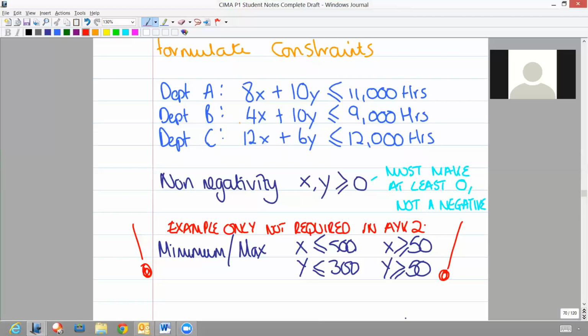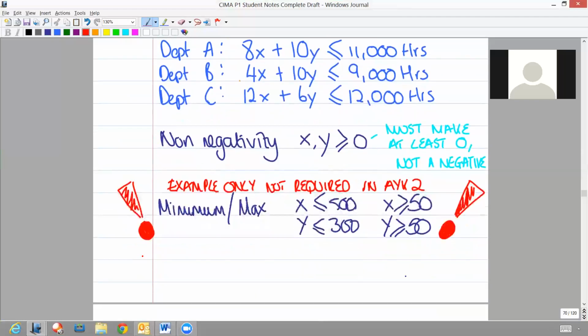I want you to remember that it's there, but I don't want you to get confused and wonder when we do the graph why I'm not plotting it. It's because it's not relevant to this particular question. So that's your non-negativity and your minimum and maximum demand dealt with. Your non-negativity is relevant to this one because there isn't a minimum demand, therefore we state non-negativity.